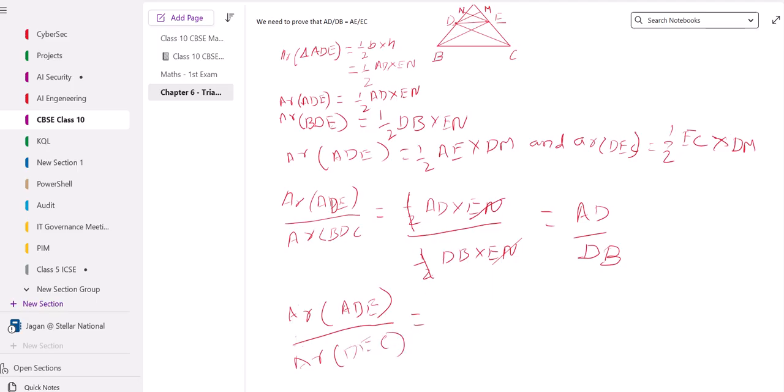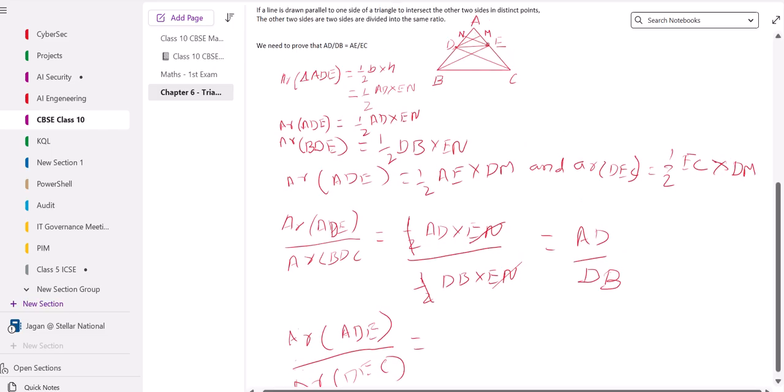That means this triangle ADE, and DEC, this triangle, because both are formed on this line. Okay, so their ratio should be same.